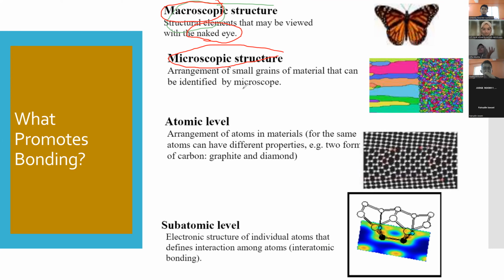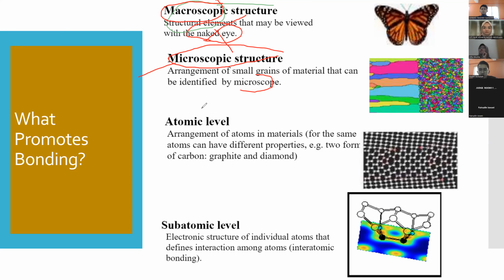We have to use a microscope. We cannot see that with the naked eye. So we want to know what happens in the smallest parts of the macroscopic structure.